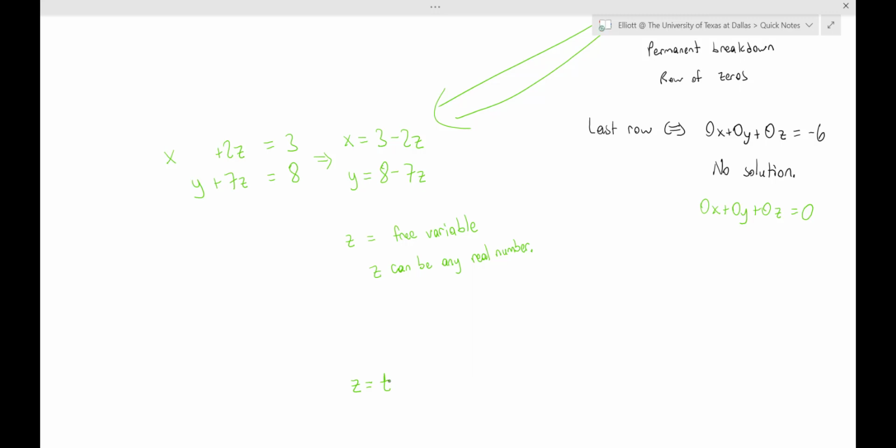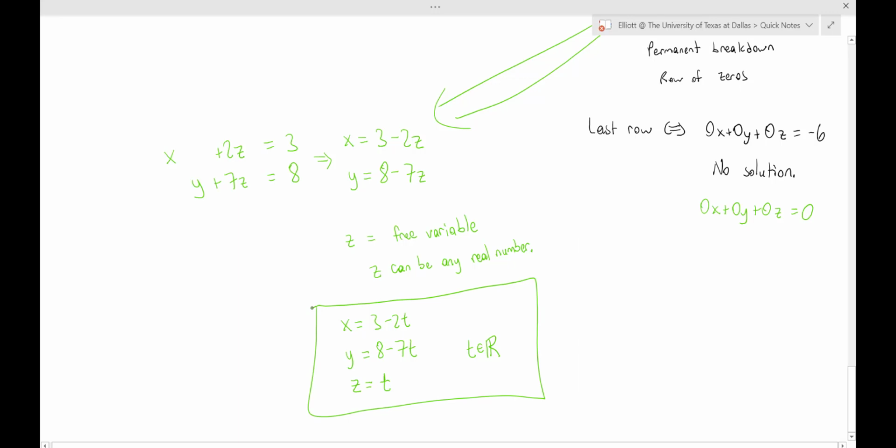Parameter just being like another variable. So I'm going to set z equal to t, and then I can rewrite x and y in terms of the parameter t. Whoops. And then the parameter t can be any real number. And so we have infinitely many solutions, one for each possible value of the parameter t.